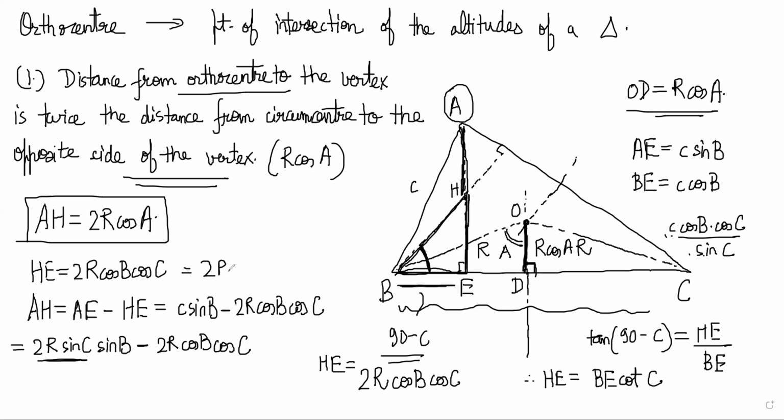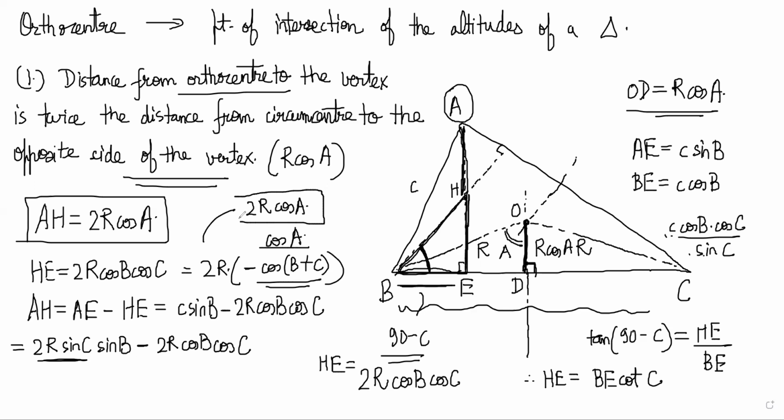So this becomes 2R sin C sin B minus cos C cos B, right? So that is simply minus of cos of B plus C, right? And minus of cos of B plus C is equal to cos of A. So that becomes 2R cos A.